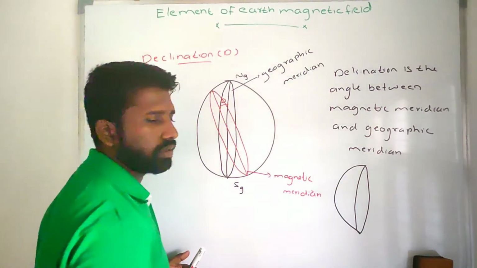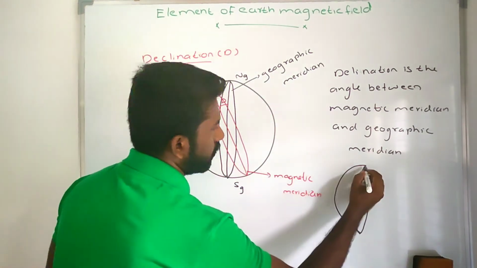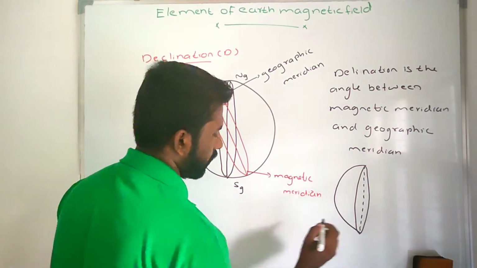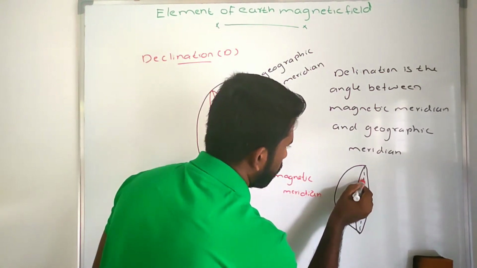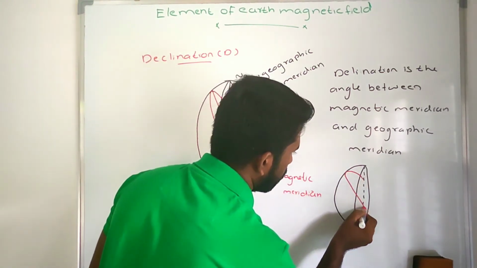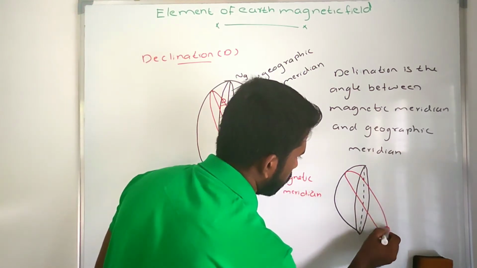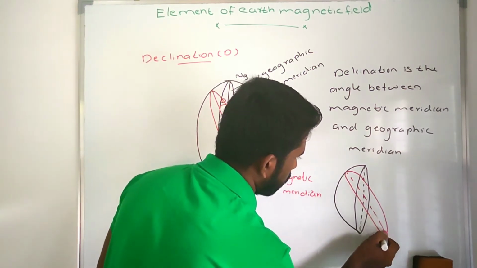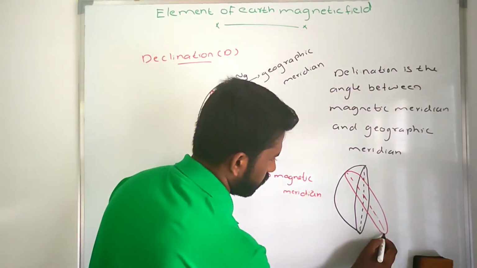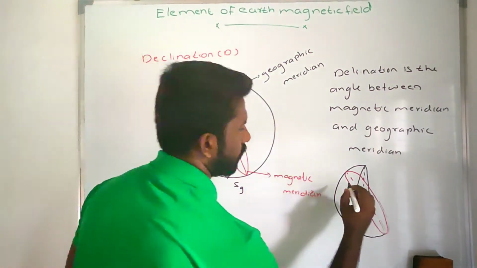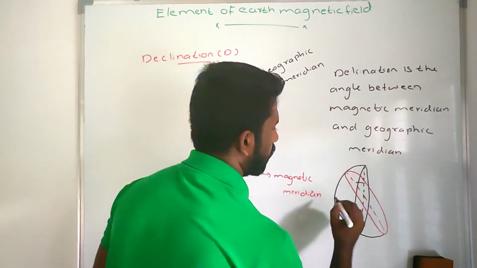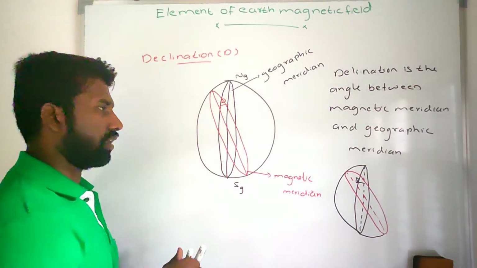This is the geographic meridian. Now I will show you the magnetic meridian. This plane is the magnetic meridian. The angle between them is the declination.